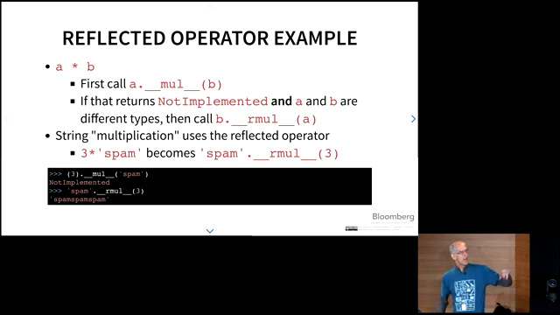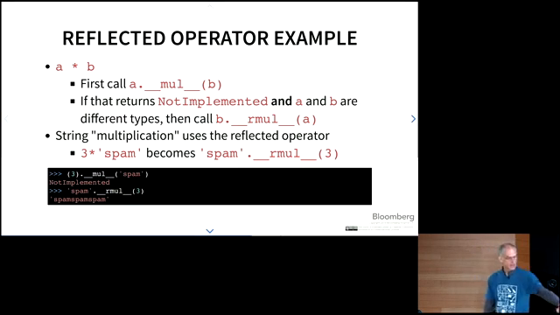Here we have A star B. First, it will try to call the mul method on the A object, giving B as the argument. If that returns NotImplemented and A and B are different types, then it will call the rmul method on the B object, passing it A as an argument. And where you can see this in regular Python is that's how this duplication of strings works. The int doesn't have a mul method that takes a string, but the string has a mul method that takes an int.